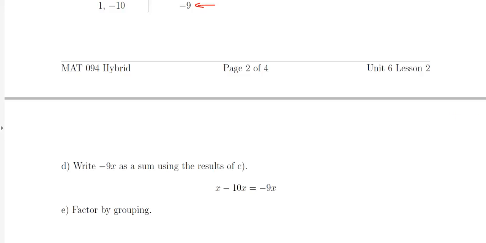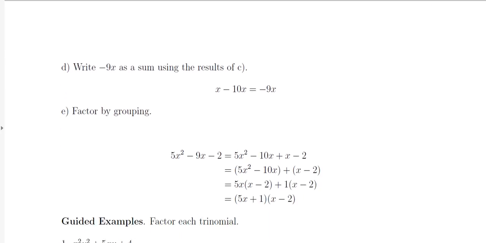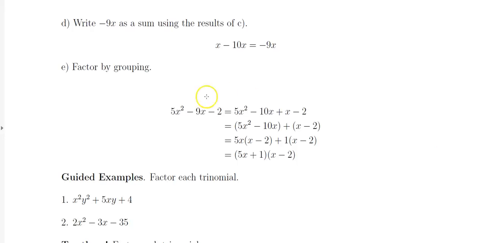So here's what we're going to do. We're going to start off with our polynomial, 5x squared minus 9x minus 2, and we can rewrite minus 9x as x minus 10x. So 5x squared minus 10x plus x minus 2. I'm breaking up that negative 9x as x minus 10x.